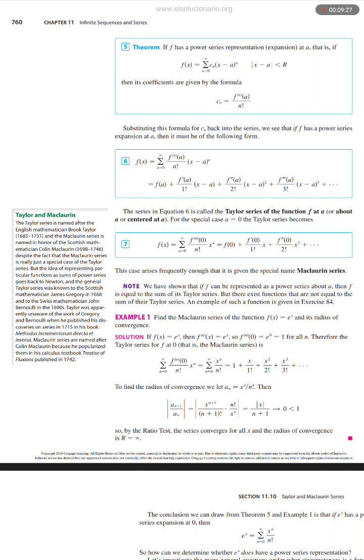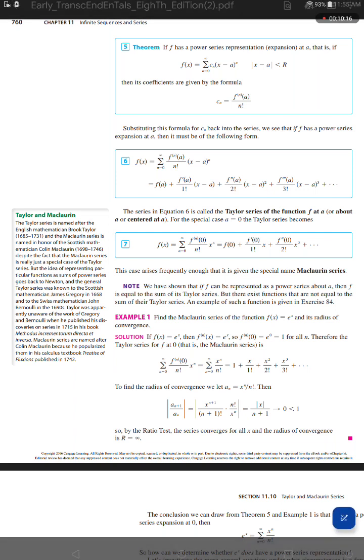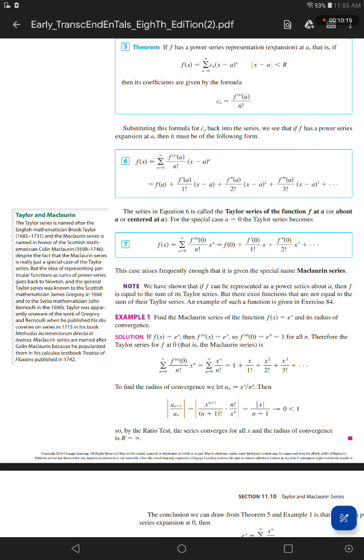For the special case a = 0, the Taylor series becomes equation 7: f(x) = the sum from n = 0 to infinity of f⁽ⁿ⁾(0)/n! xⁿ = f(0) + f′(0)/1! x + f″(0)/2! x² + ... This case arises frequently enough that it is given the special name, the Maclaurin series.